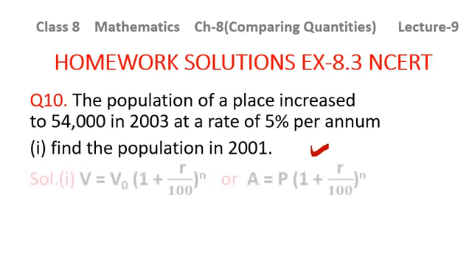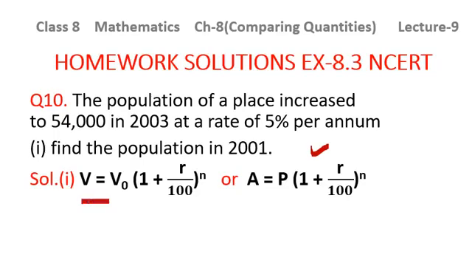Let us see now. Here in this question number 10, V is equal to V naught bracket 1 plus R over 100 raised to the power n. This formula can be written in terms of amount and principal also, but I will be using V is equal to V naught bracket 1 plus R over 100 raised to the power n. You can use the formula in terms of amount and principal if you find it easy.